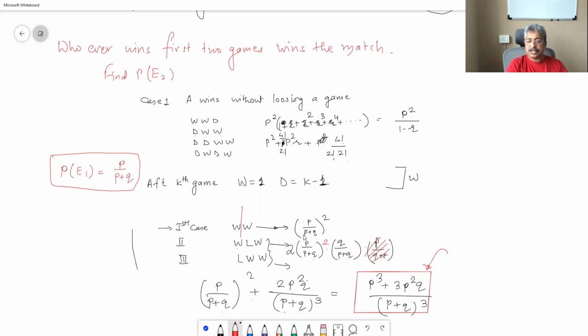It is P upon P plus Q. And then suppose that problem is over and a new problem starts. What is the probability of A winning the second match? We consider it as a first match only because we reset, and the probability is P upon P plus Q. Therefore, (P upon P plus Q) square is the probability of A winning two matches without losing.